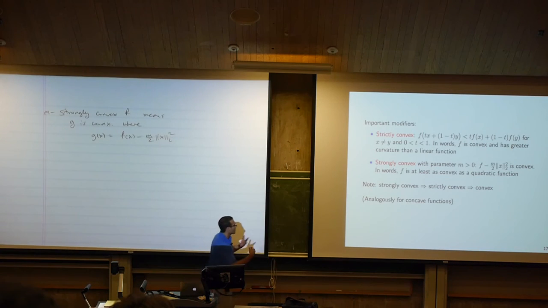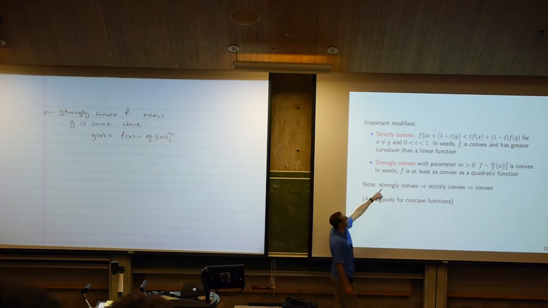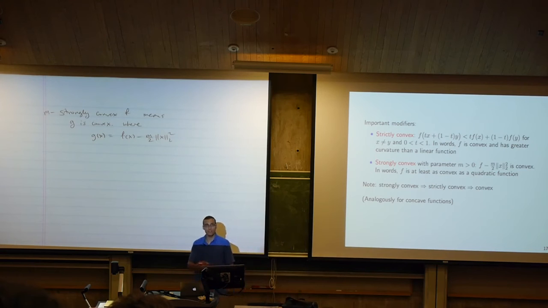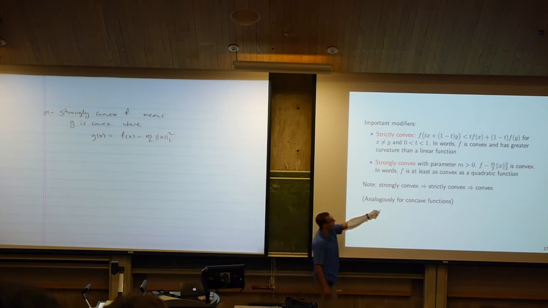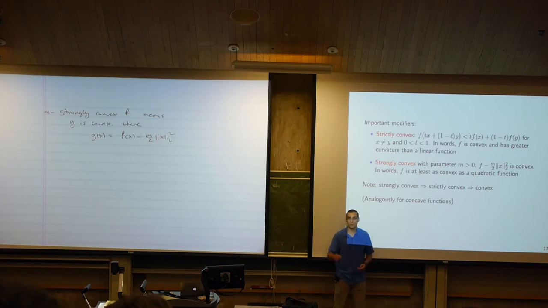So thinking about it again in terms of curvature, f is convex and it's at least as curved as a quadratic function. It can't just be more curved than a linear function. It needs to be at least as curved as a quadratic function, and in particular this quadratic function. So even after we take away that quadratic function, the residual is still convex, f minus m over 2 times the norm of x squared.